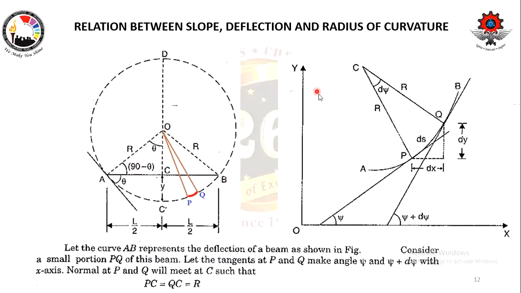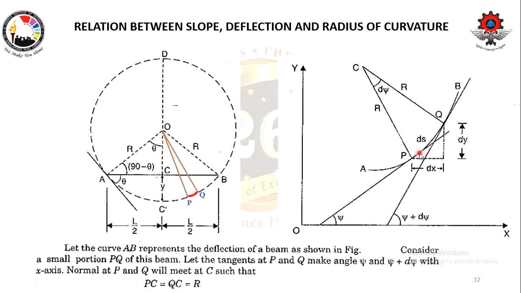Now, zooming this portion alone, that is POQ, we have zoomed this portion in the XY axis. See, your PQ is available here. This is your AB elastic curve, and the small portion PQ is taken here. It is an enlarged view, but it is very small. We have enlarged it as a bigger one.